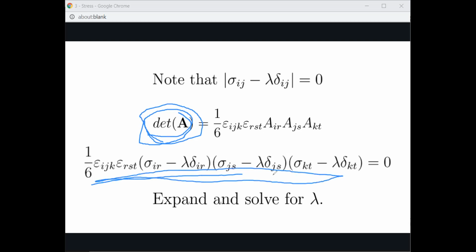If you expand this, you should get a cubic equation in terms of lambda. Why cubic? Kasi we are talking about 3D, so a cubic equation can solve 3 values for lambda. And what does lambda represent? It represents the principal stresses.